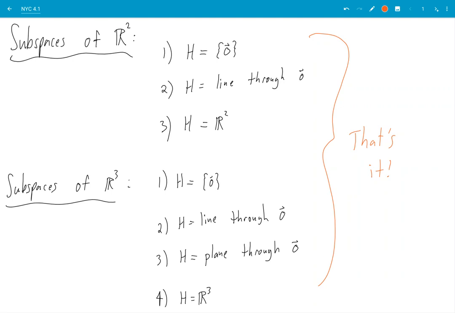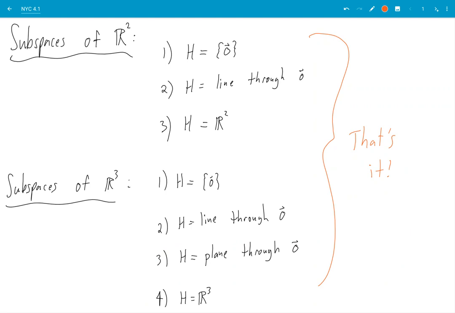So for R2, you have the simplest subspace containing just a zero vector. And then you have lines through the origin, and you have R2 itself. For R3, you have an additional possibility, planes through the origin. That is all we have.